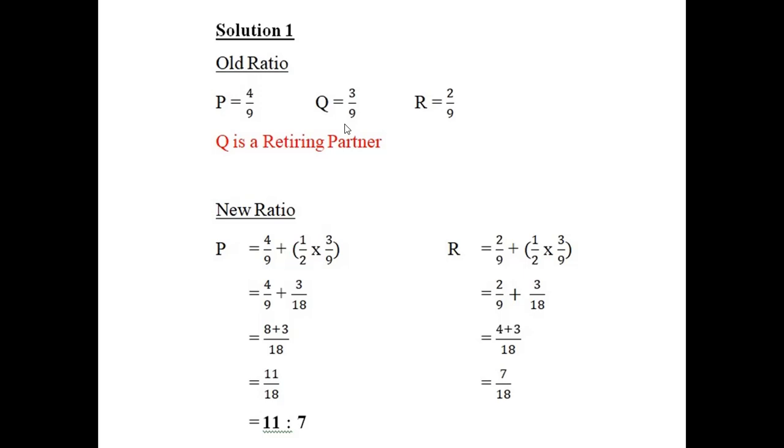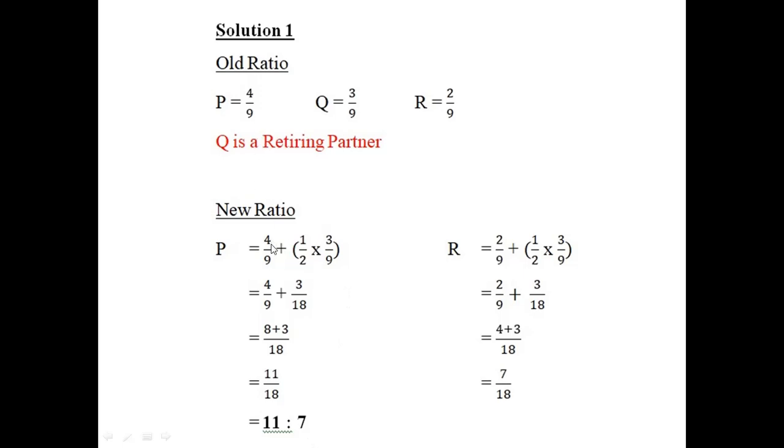As you can see here, this plus sign means that this 4 by 9 is already the share of P, plus half of Q's share will also be included in his share. So ultimately, the new profit sharing ratio will be 11 is to 7.